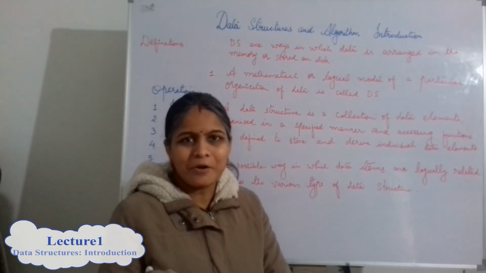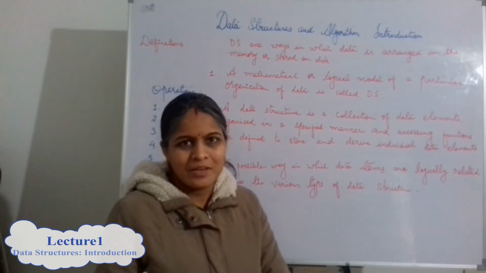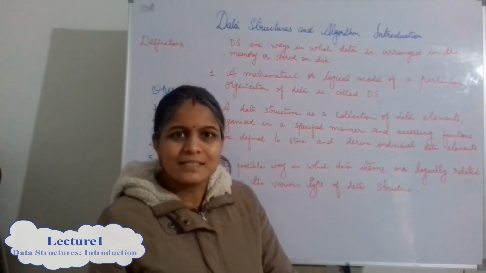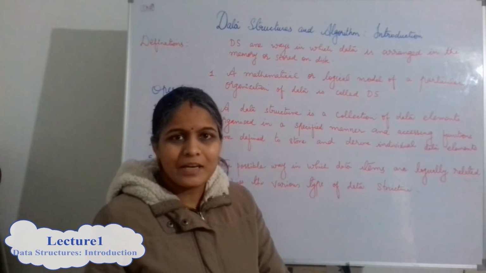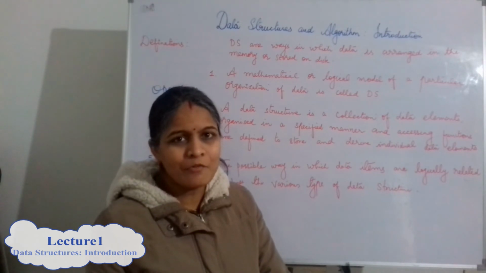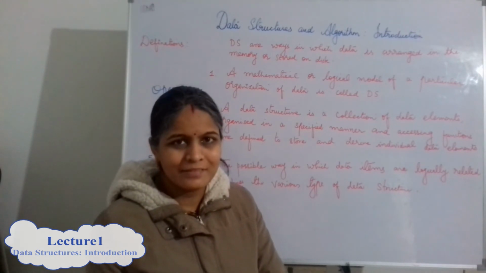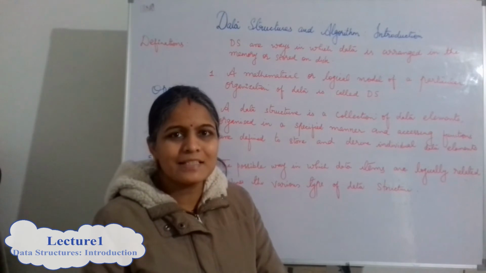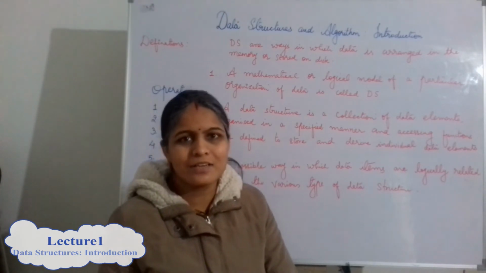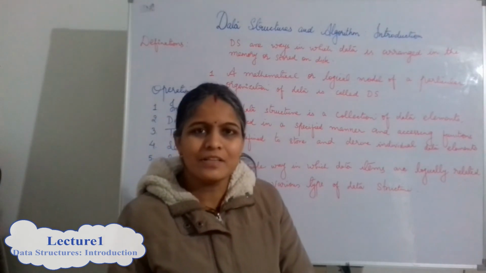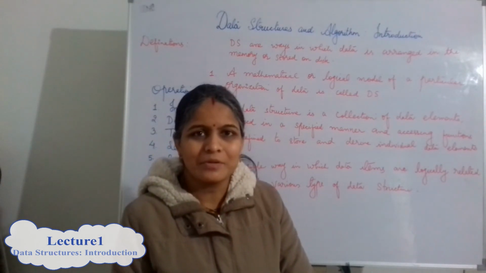Array is organized in memory as contiguous memory allocation. Linked list is organized in memory with help of pointers or link. Tree is organized as hierarchical data structures. So we can say that data structures are the ways in which data is organized in computer's memory.